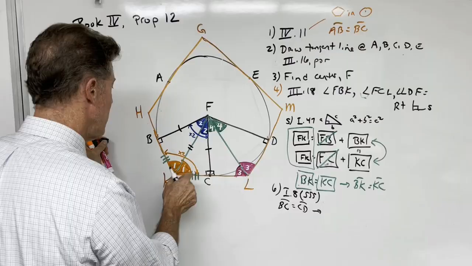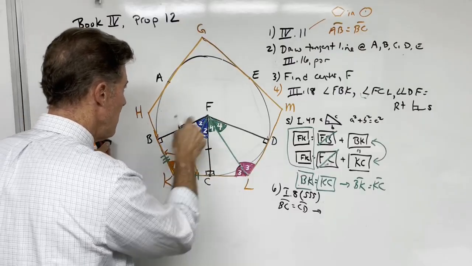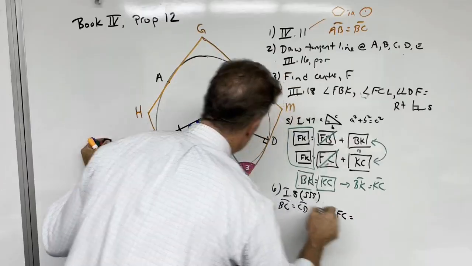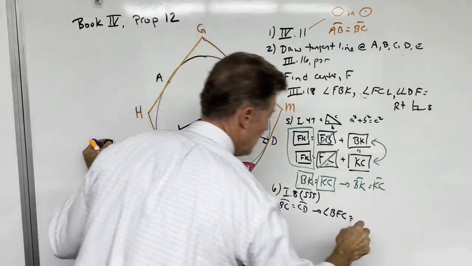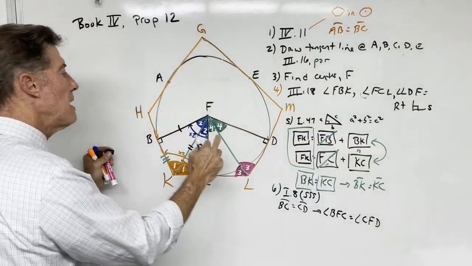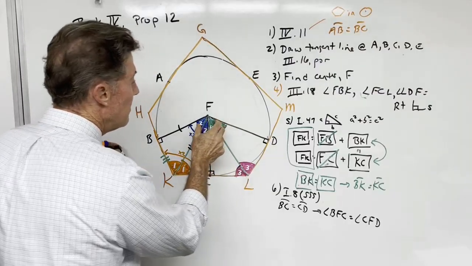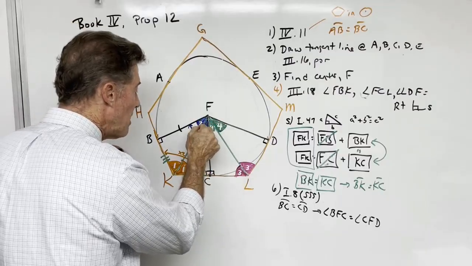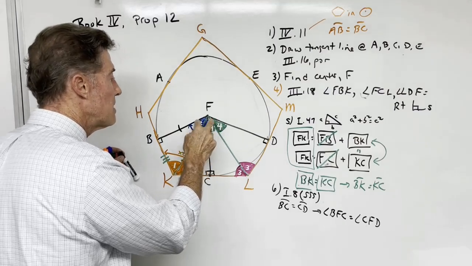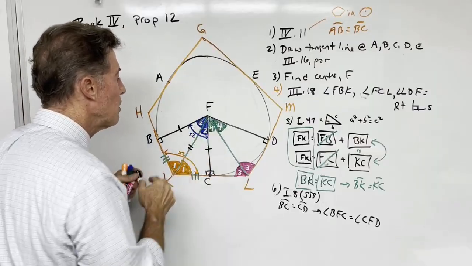So that means angle BFC is equal to angle CFD. These two twos are equal to these two fours, which means that this whole angle is equal to this whole angle, which means that when we cut them in half, since halves of equals are still equal, therefore all the twos are equal to all the fours.